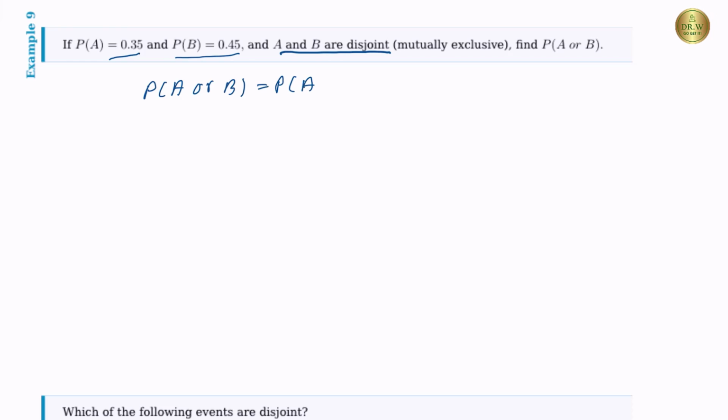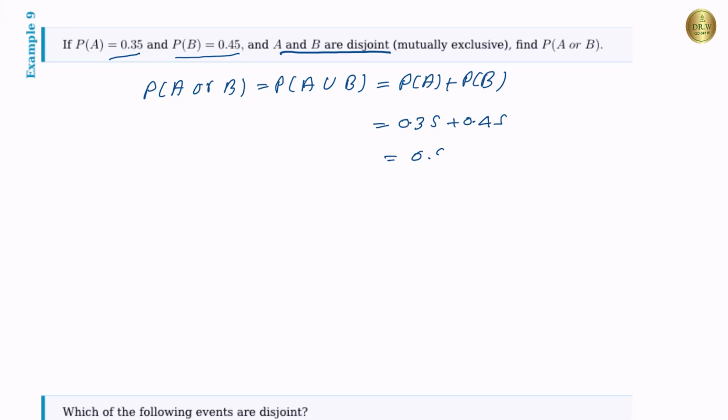Therefore, by axiom 3, we can write probability of A union B equals probability of A plus probability of B. This is 0.35 plus 0.45, which is 0.8. That is the probability of A or B.